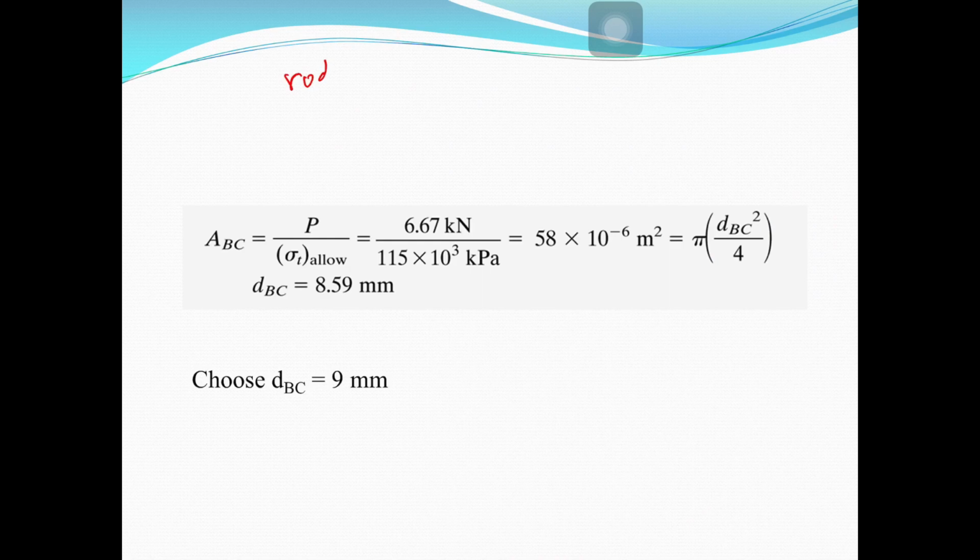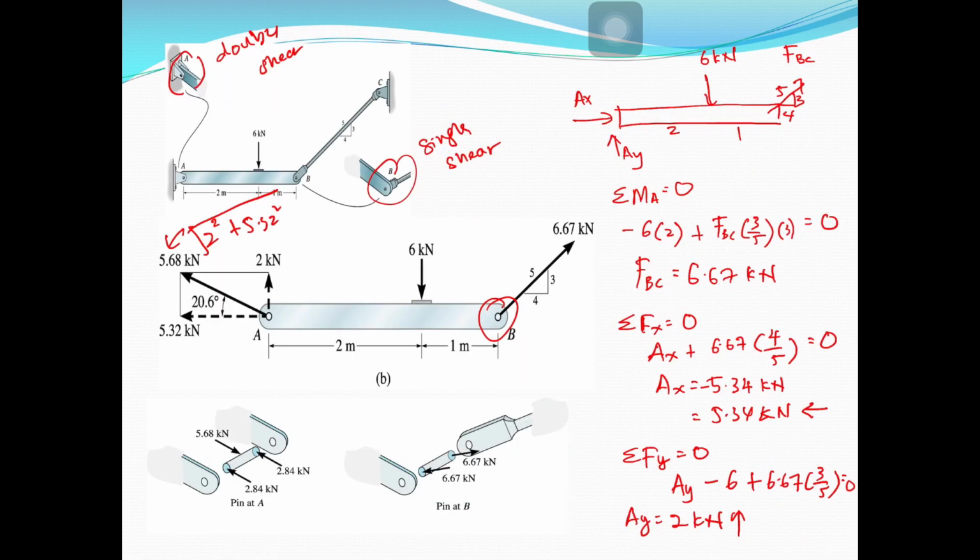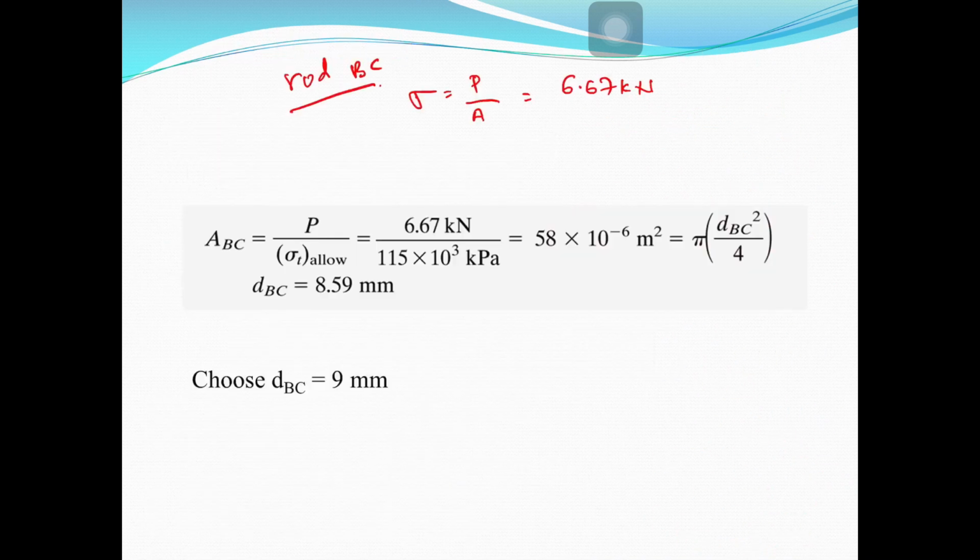So for rod BC, sigma is basically P over A. So you have 6.67 kilonewton taken from here, 6.67, and then divided by A. A is pi r squared, is equal to 115 megapascal.